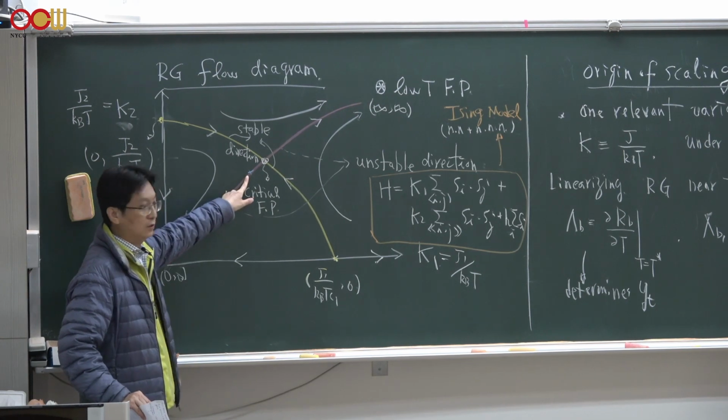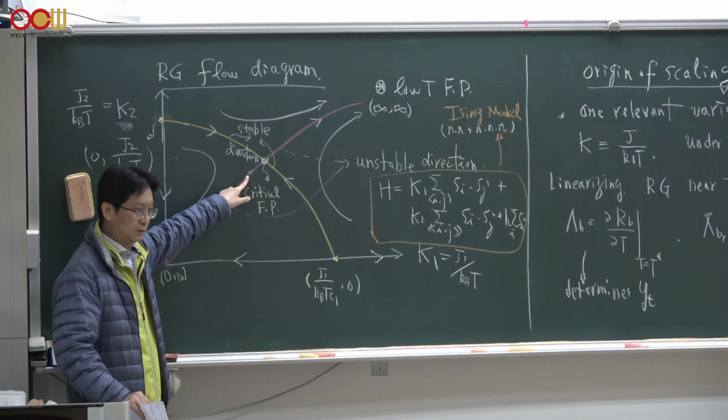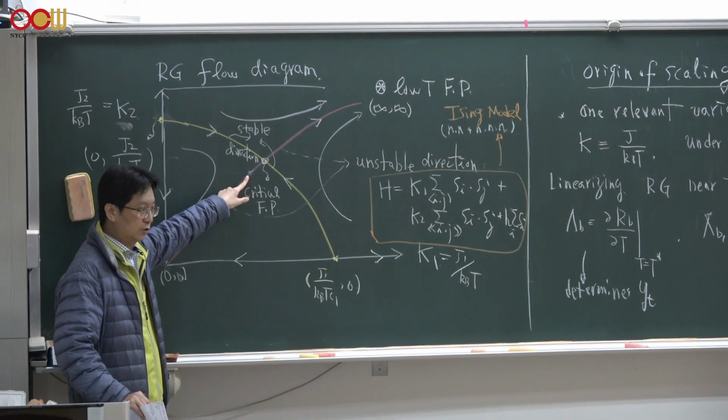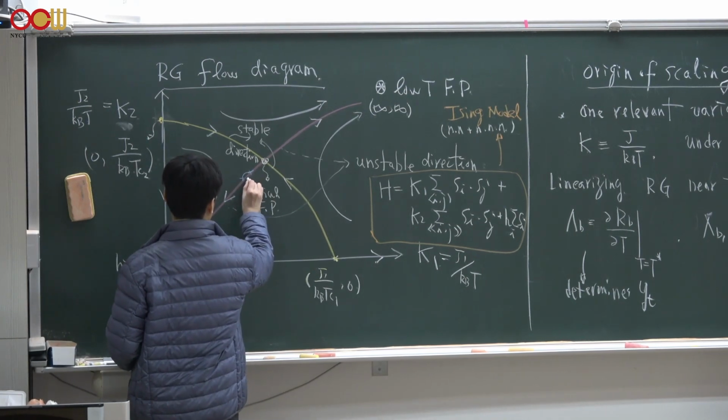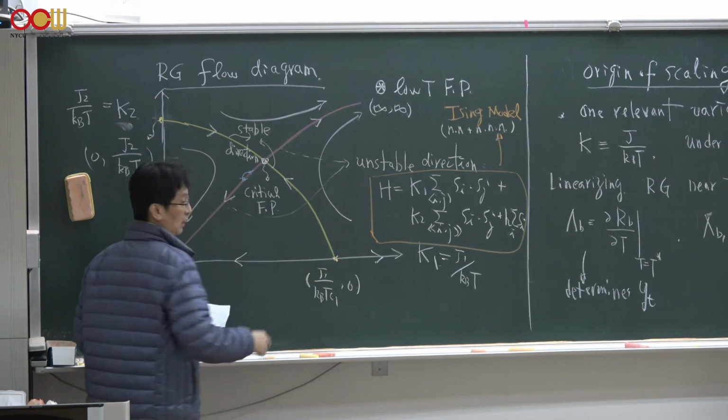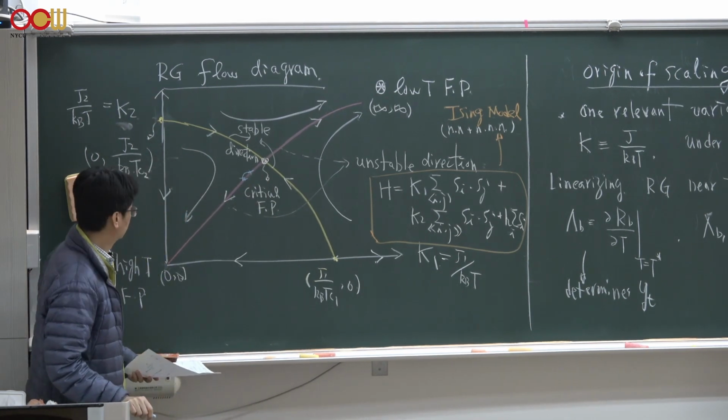If I start from here as an initial coupling and start doing the RG transformation, after one iteration I will follow the direction of the red curve.